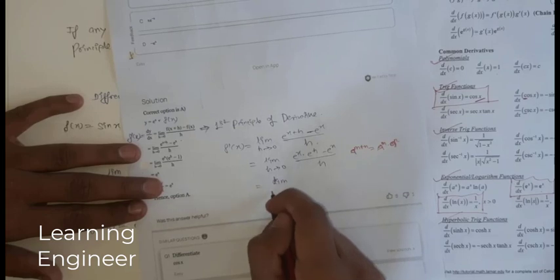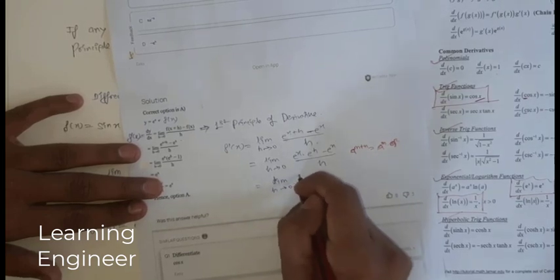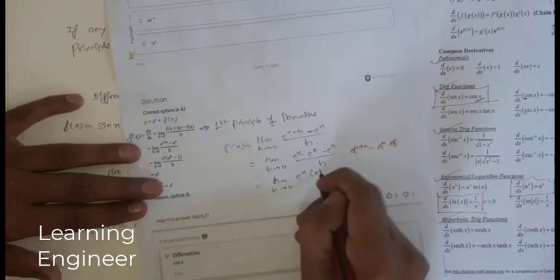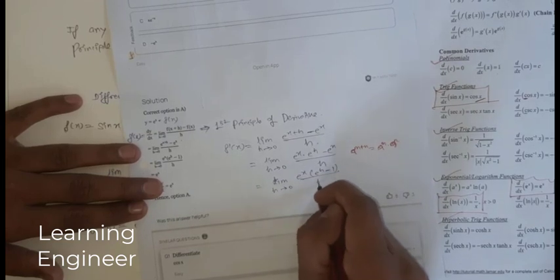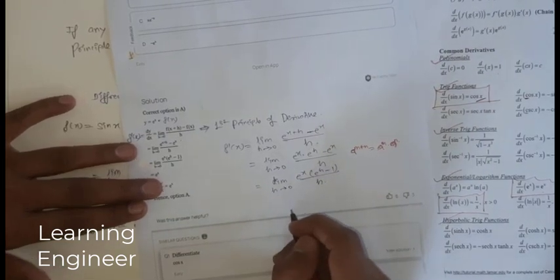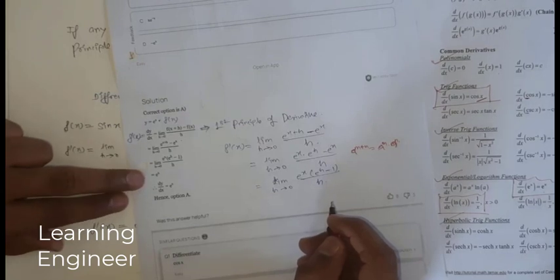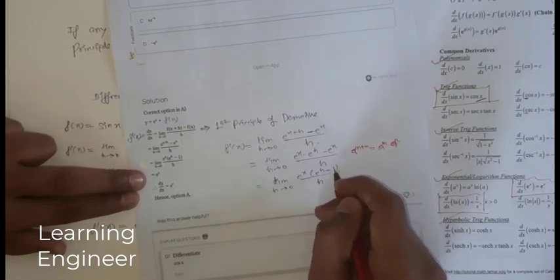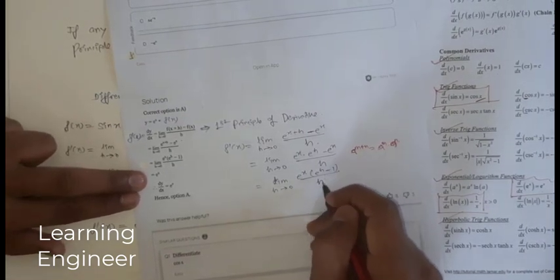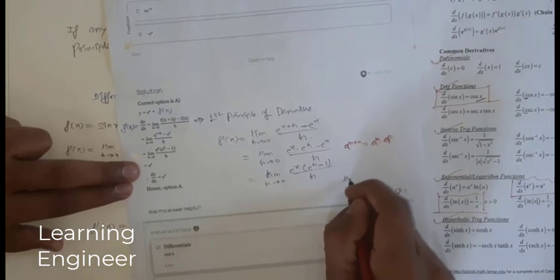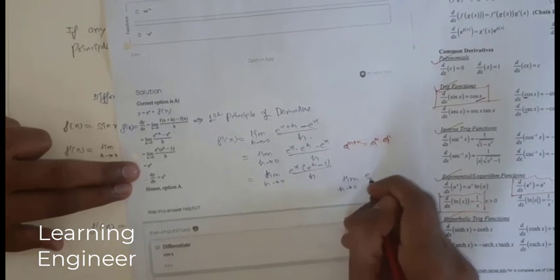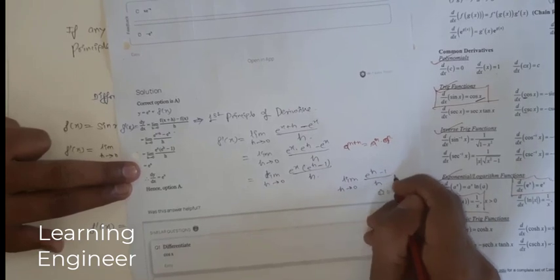Now we have to write this limit h extends to 0. Limit is required for derivative, whole divided by h. Now as we know, this particular term is 1, this is the standard formula: limit h extends to 0, e raised to h minus 1 divided by h is equal to 1.